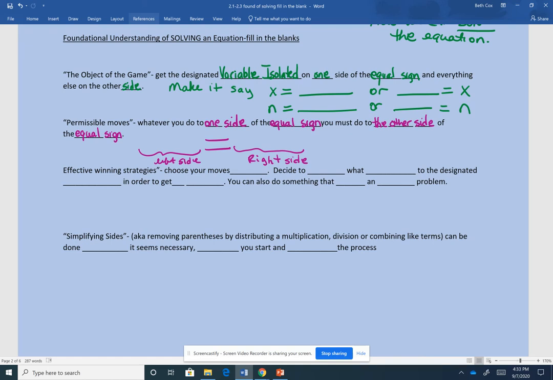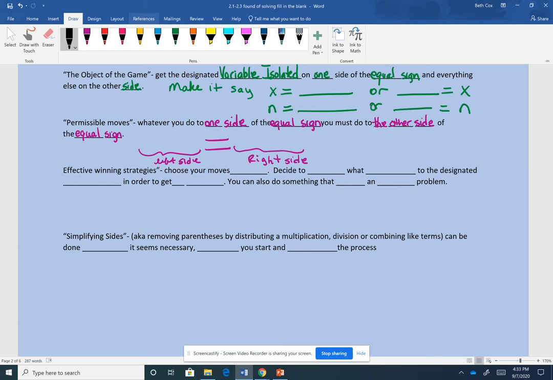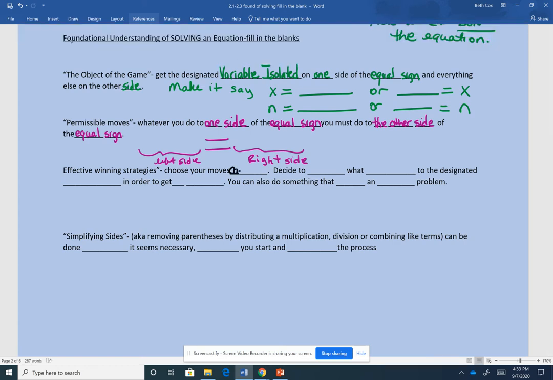So now we've got to decide what is an effective winning strategy. Okay, so what is it that's going to help me get my variable isolated? Well, that's the trick here. Choose your moves carefully. Decide to reverse what happened to the designated variable. So we look at what happened to our variable and we choose to do the reverse.